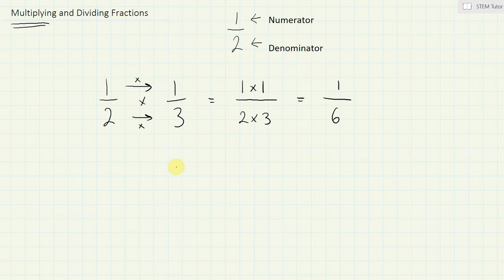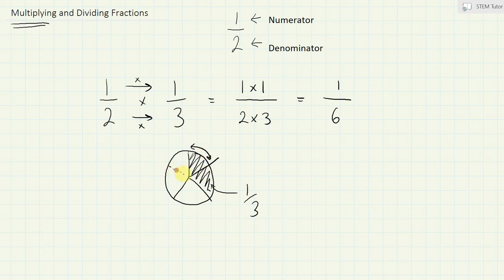Essentially, what we've done is, if we had a circle and this circle was split into 3 equal segments, where one of these segments would be equal to 1 over 3, this question asks for a half of this segment. So what is this segment here?